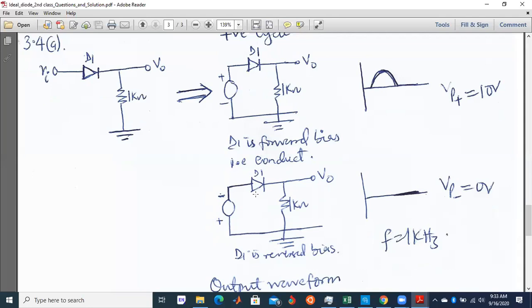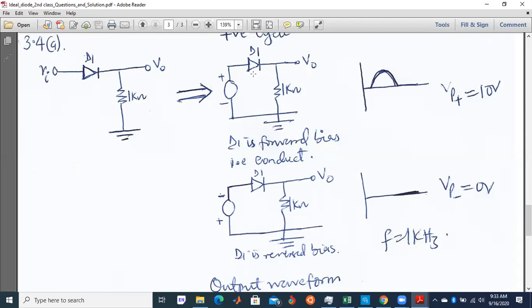Can you replay it again, please? I didn't understand how we reverse and got 0. Okay, let me explain. I said you have to follow some steps. The first one, connect the positive terminal of the cell to the diode here. That is, for the positive cycle, you assume the diode is forward biased.